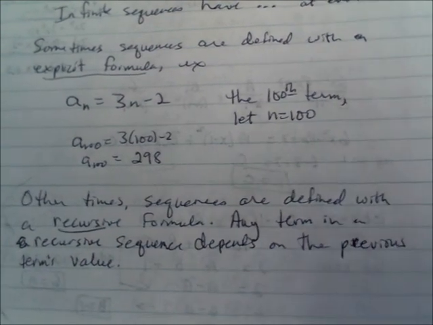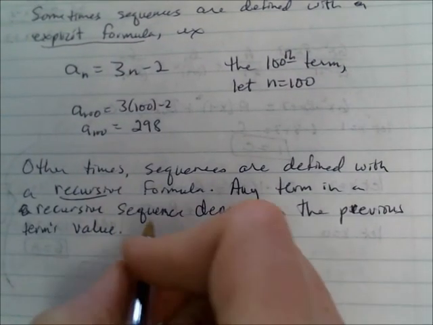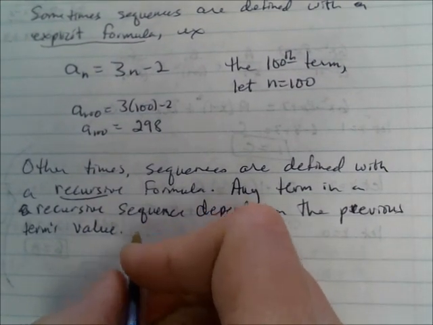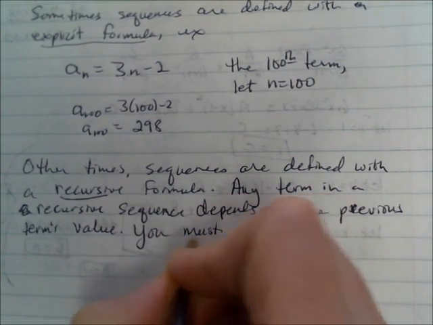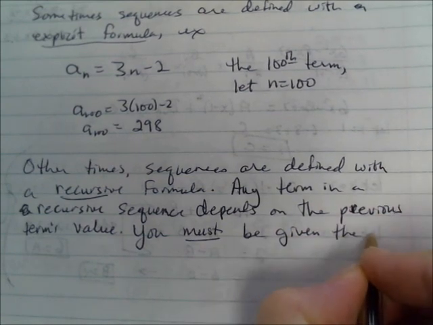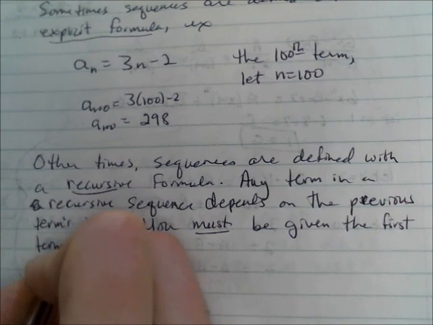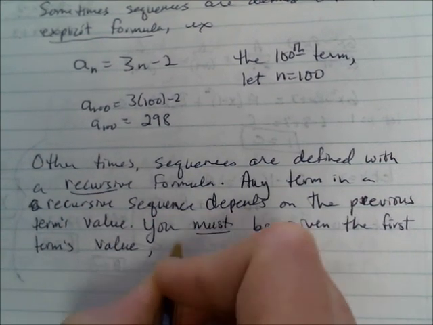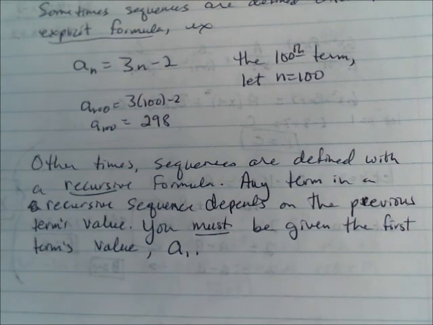Okay, that's a recursive formula, and I'll give you a couple of examples. You must be given the value of the first term. You must be given the first term value, which is a sub 1. So they have to tell you what a sub 1 is equal to.